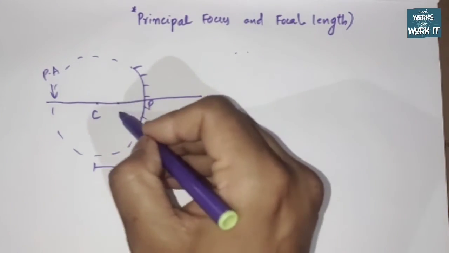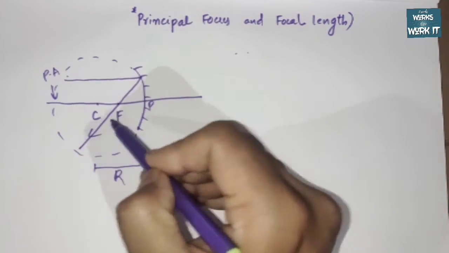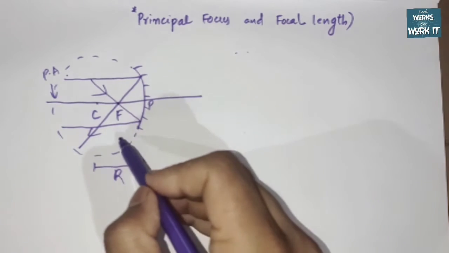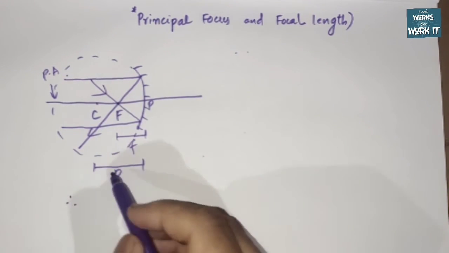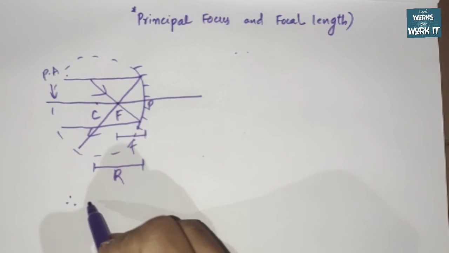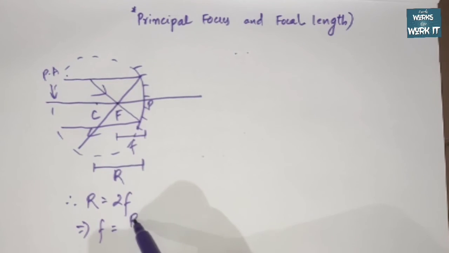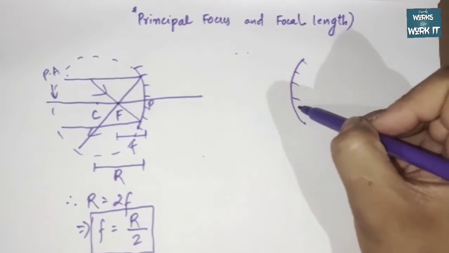This is the radius of curvature CP, and the point where the light rays after reflection meet is called the principal focus. The distance from the principal focus to the pole is called the focal length. From here, we get the result that radius of curvature is double the focal length, and focal length is half of the radius of curvature.